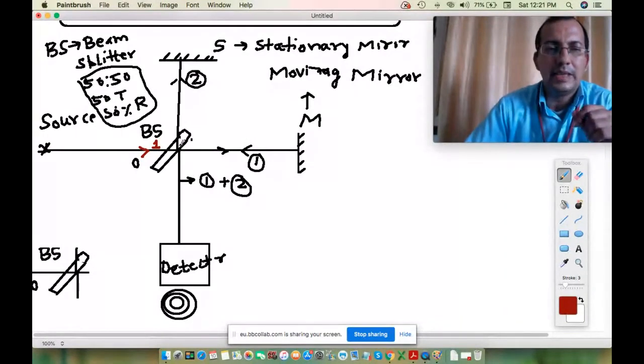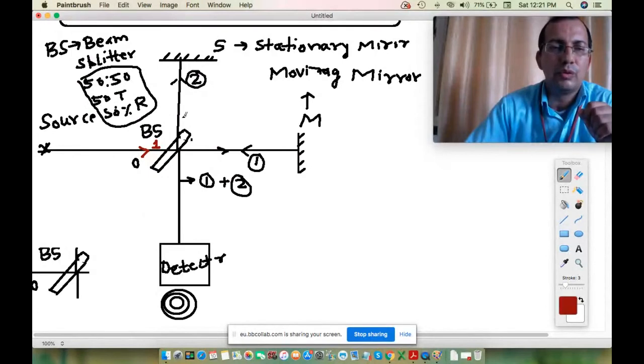And the second thing is about ray number 2. Ray number 2 will also come from this and traverse once, as it crosses the beam splitter once, and then it goes in this direction. But it crosses the beam splitter again. Then when it is reflected back from here, it goes in this direction, and again it goes through this one.